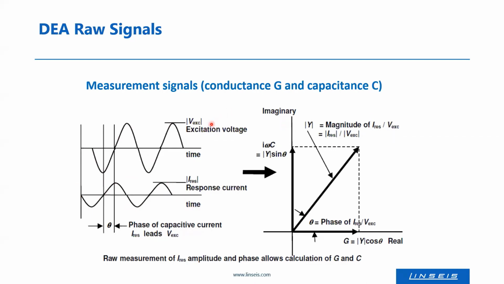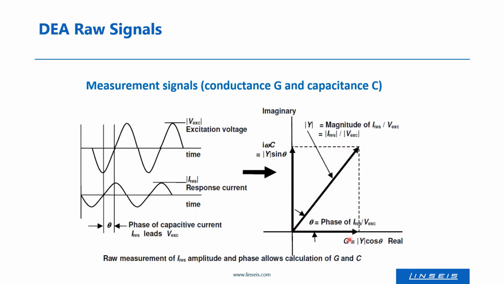And if you divide this excitation voltage by the resulting current, then you get Y. This is called an admittance. And this admittance consists of two parts. It's a complex figure, and it consists of a real part.